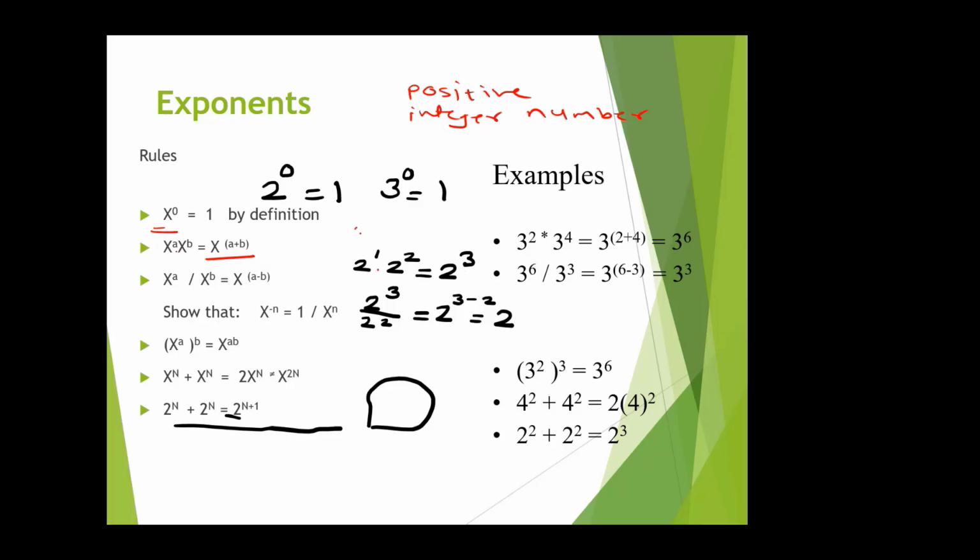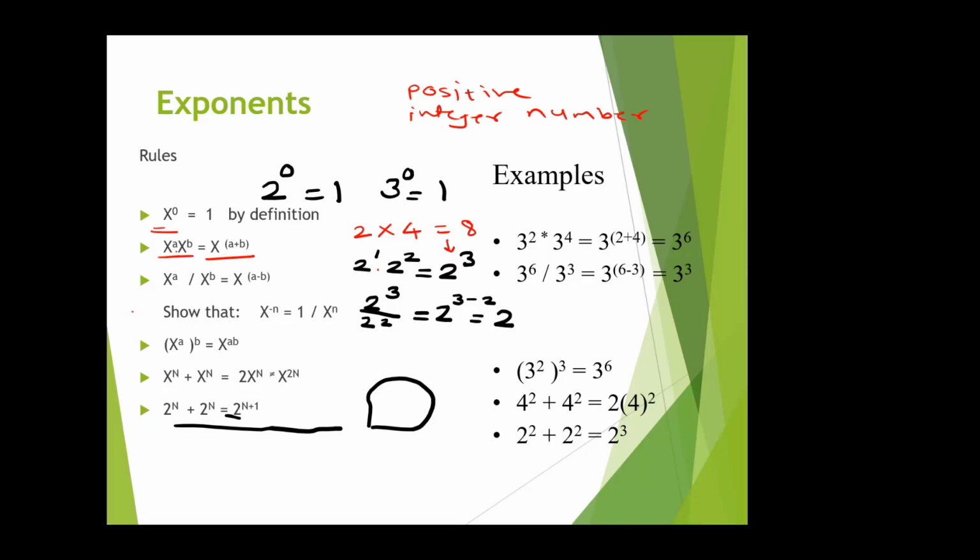So 2 raised to 1 is 2, 2 raised to 2 is 4, which gives 8, and that is nothing but 2 raised to 3. So with exponents, only when the base is the same are we going to add.